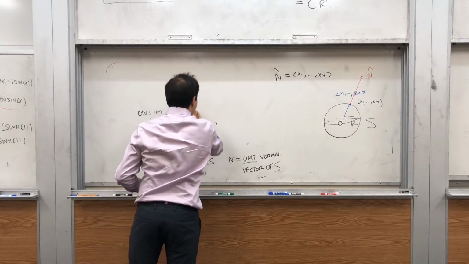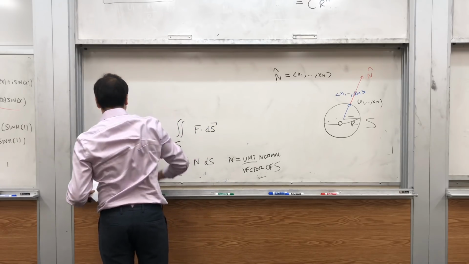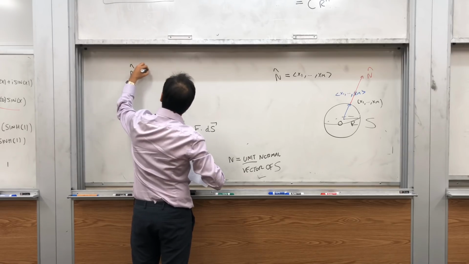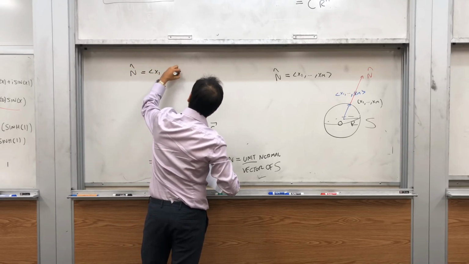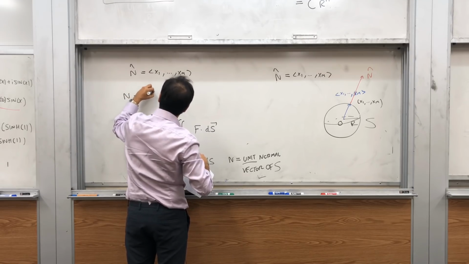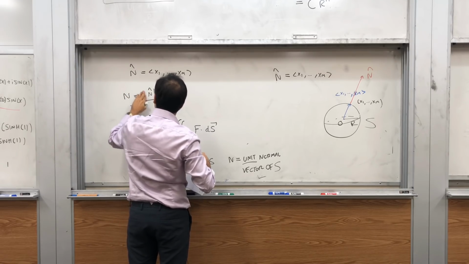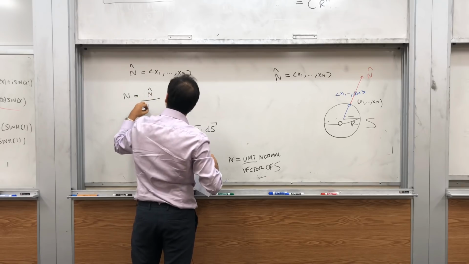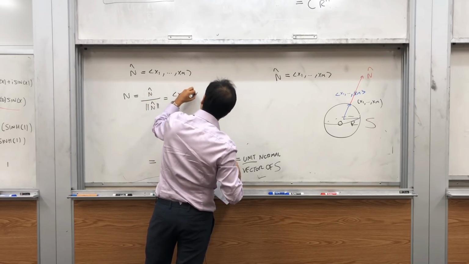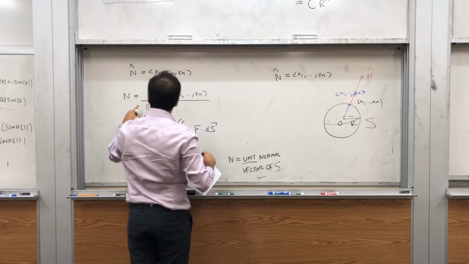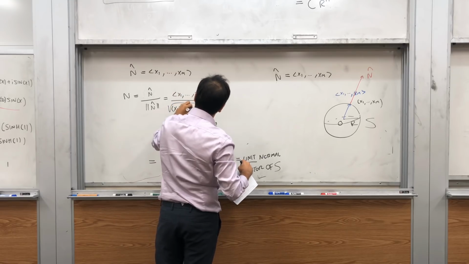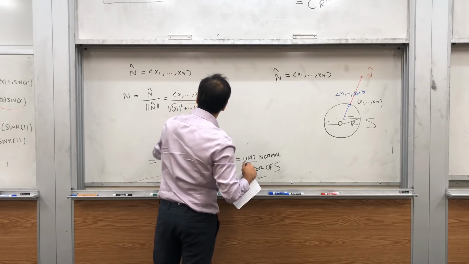So n hat is x1 up to xm, and n is n hat over the length of n hat, which becomes x1 up to xm over the square root of x1 squared plus dot dot dot plus xm squared.